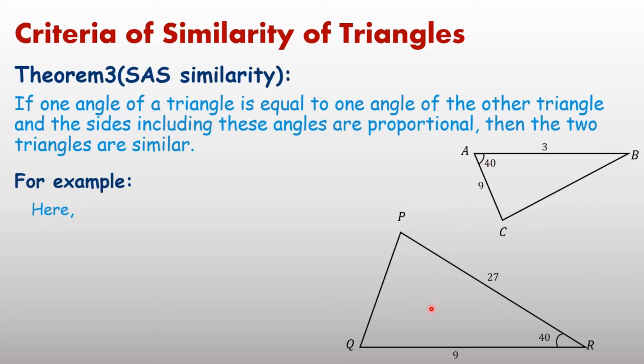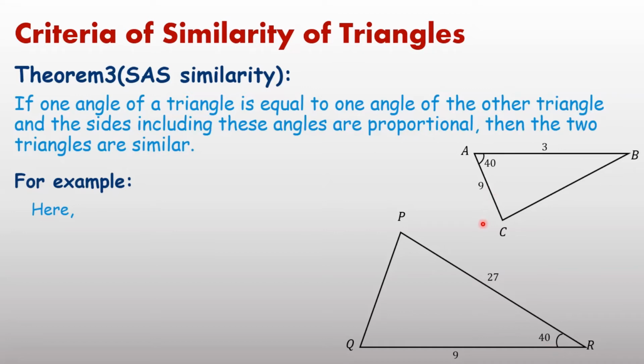Now in these two triangles, by SAS, for the two sides given, you find the corresponding sides in the second triangle, and if the ratio of these two corresponding sides is the same and the included angle is equal, then we can say both triangles are similar. 3 written, 3 3s are 9, then 9 3s are 27, and 40 equals 40.